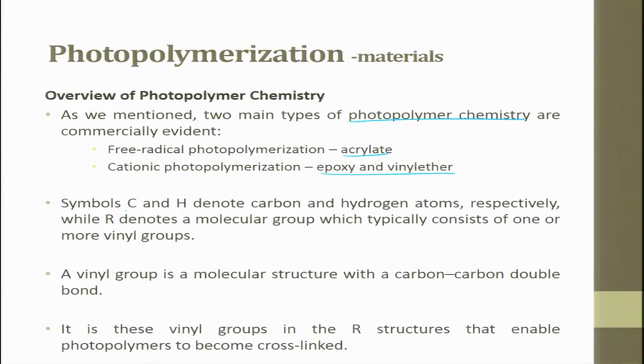The symbols C and H denote carbon and hydrogen atoms respectively, while R denotes a molecular group which typically consists of one or more vinyl groups. A vinyl group is a molecular structure with a carbon-carbon double bond. It is this vinyl group in the R structure that enables photopolymers to become cross-linked.